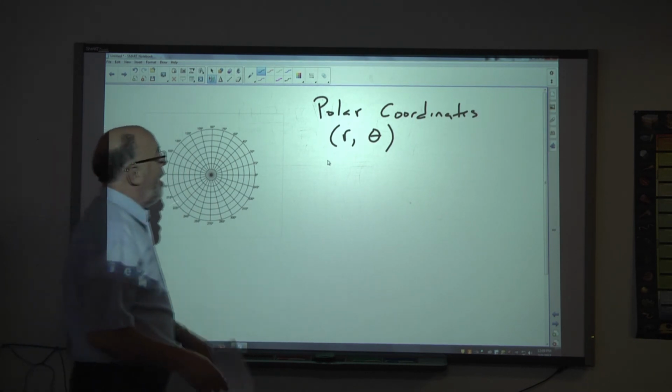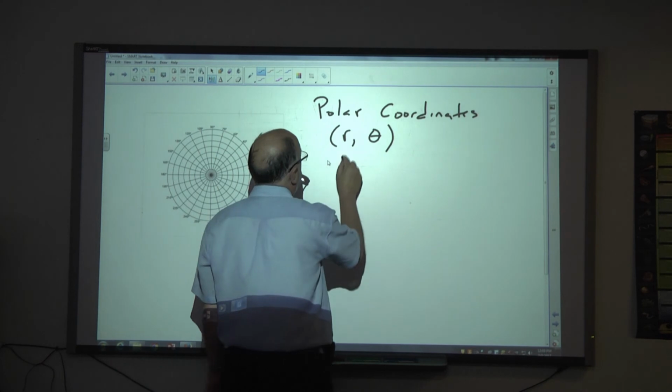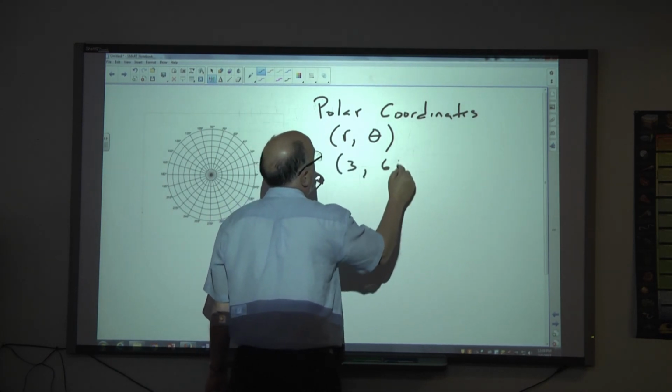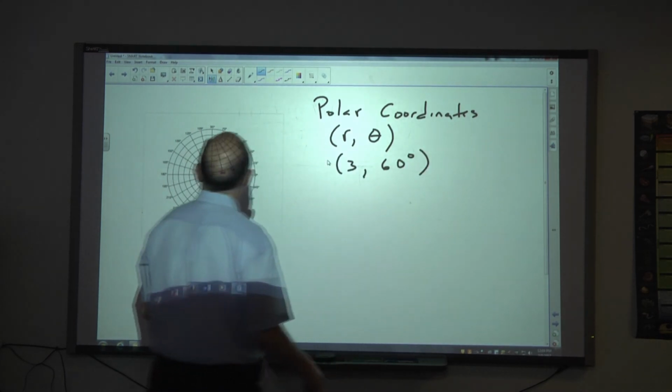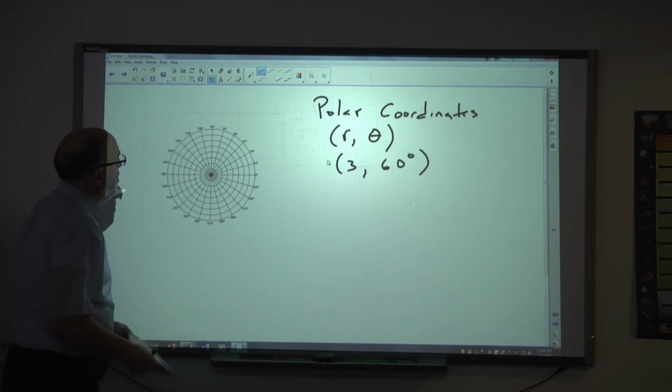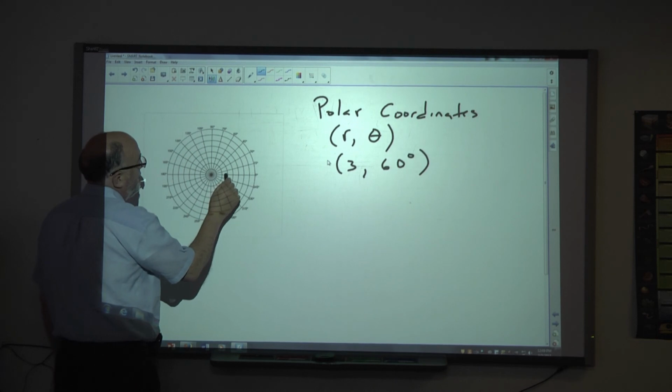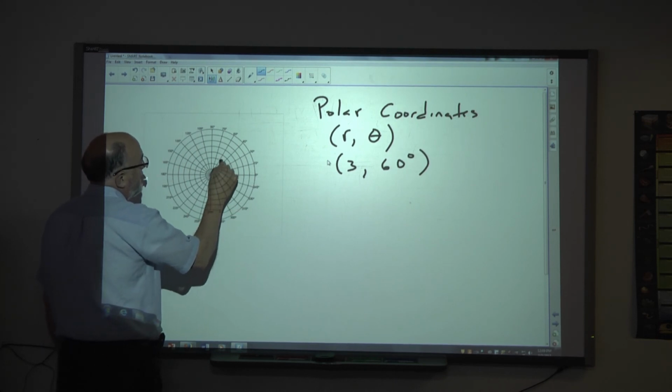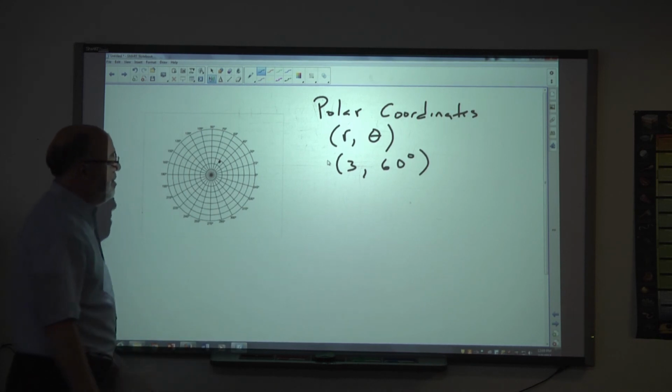So for example, if I wanted to plot the point 3, 60 degrees, and this piece of paper is in degrees, so if I have each one of these circles, 1, 2, 3, and then 60 degrees, that point would be there, roughly, okay?